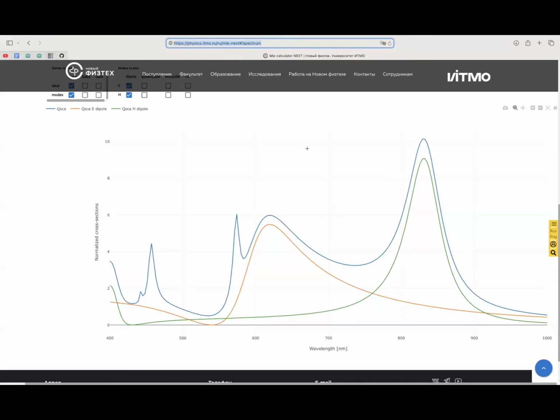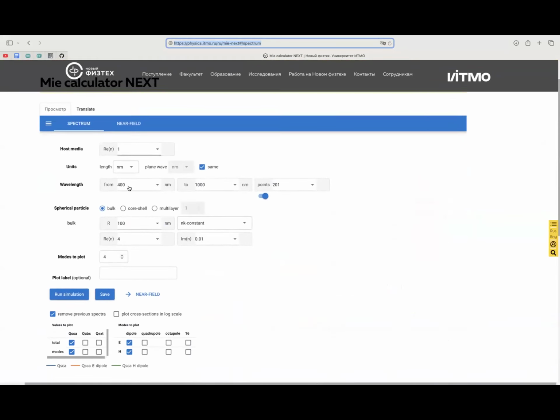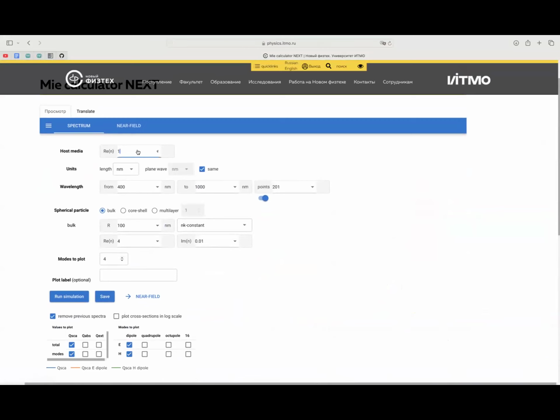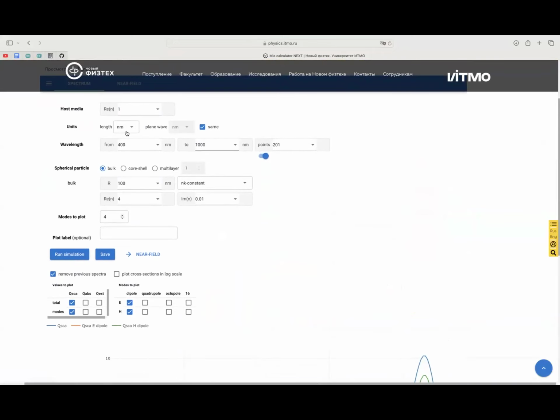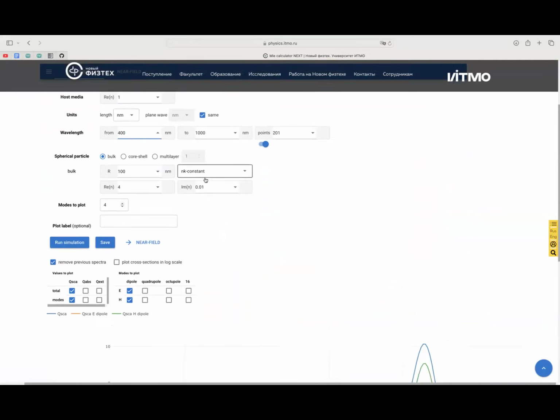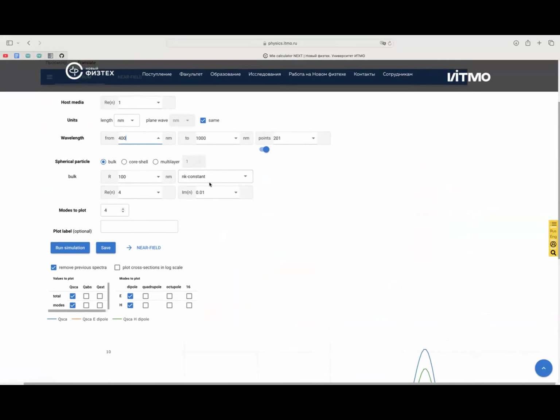Yeah, so basically here you can put the refractive index of your background media. Right now it's just 1 for the air, and here you put the range of wavelengths for which you want to plot these Mie coefficients. These coefficients A and B are called Mie coefficients.